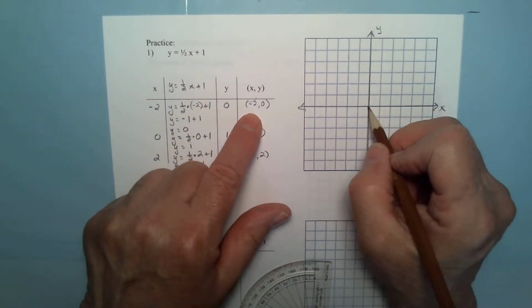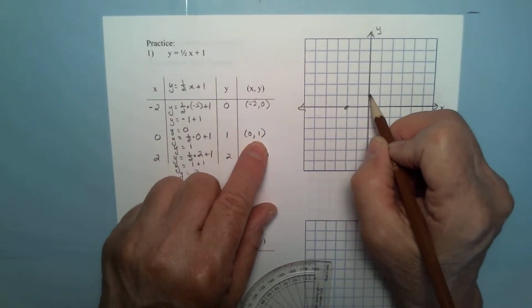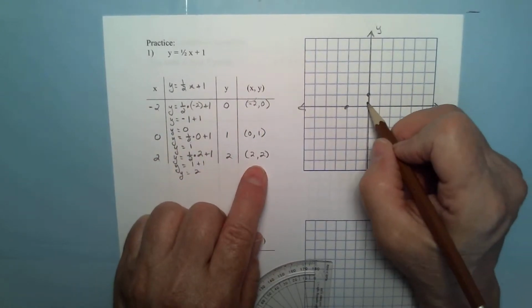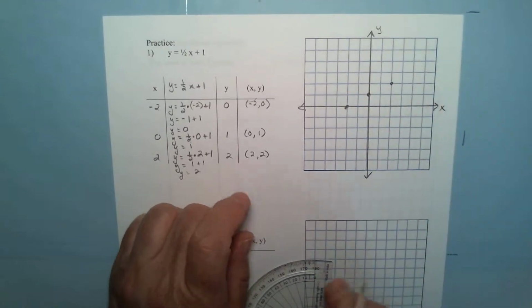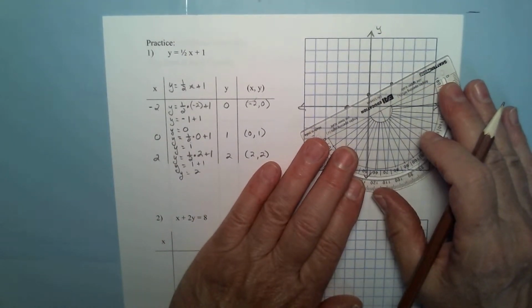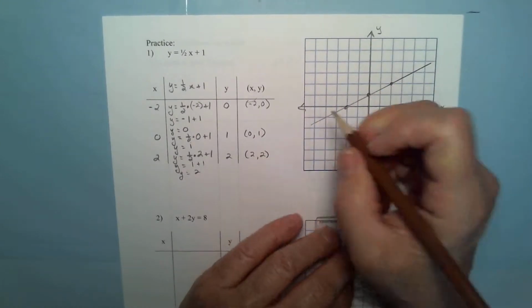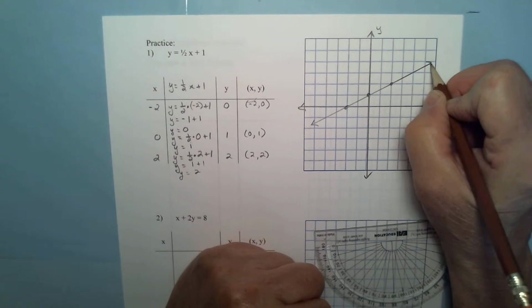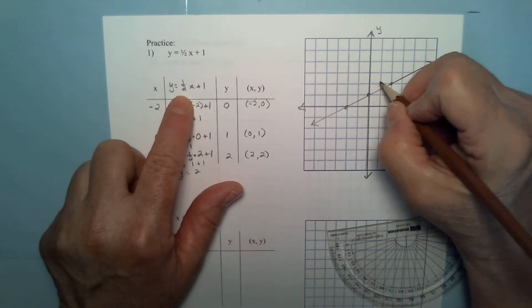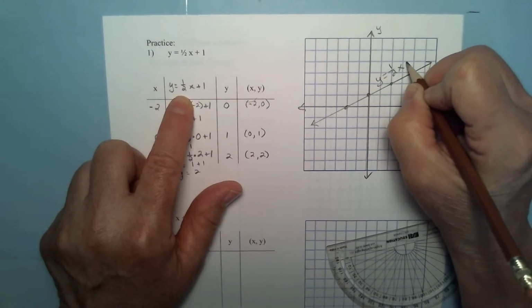And I'm going to plot these points. -2, 0 is right here. 0, 1 is right here. And 2, 2 is right here. And I'm going to draw my line with a ruler or something that is a straight edge. Put arrows on either end of my line, and I'm going to write the equation right alongside. Y is equal to 1/2 x plus 1.